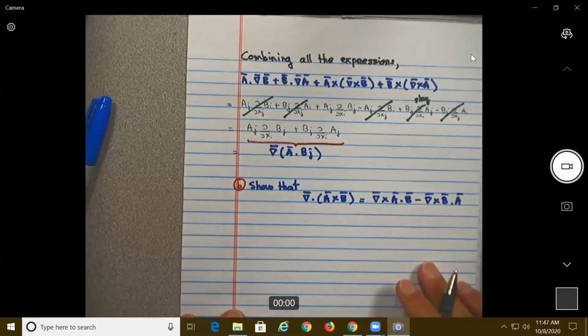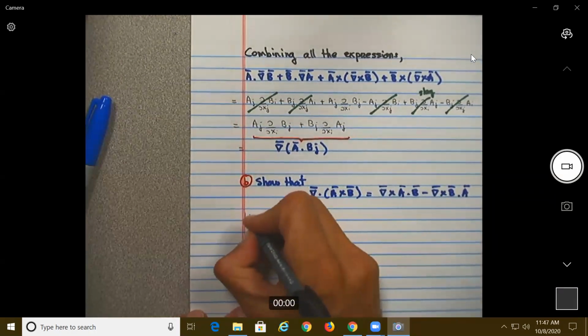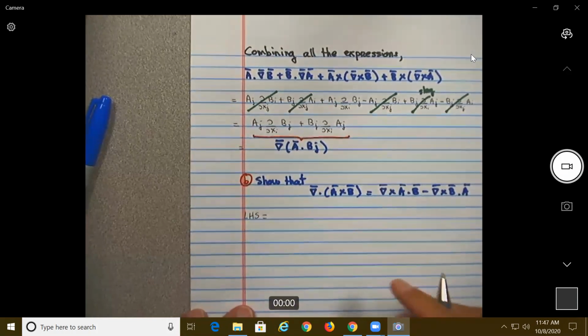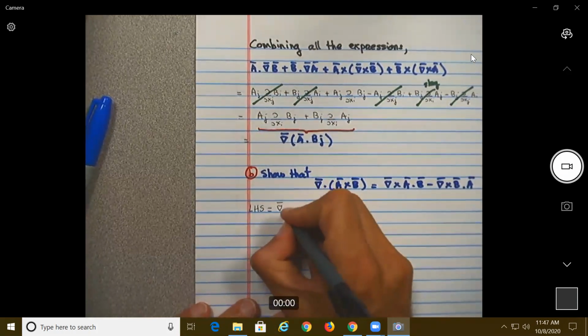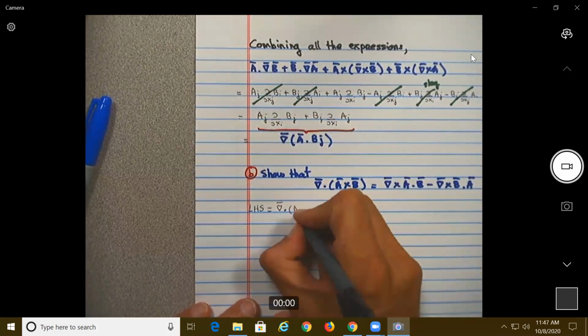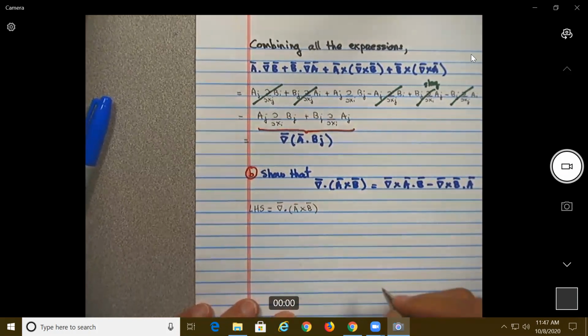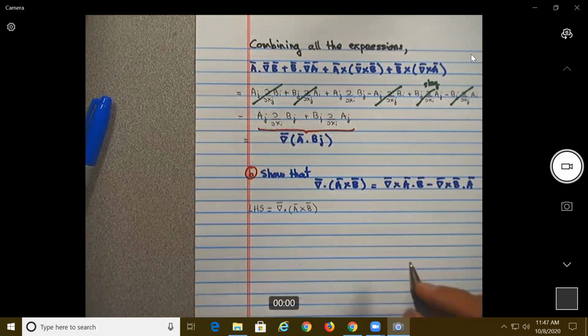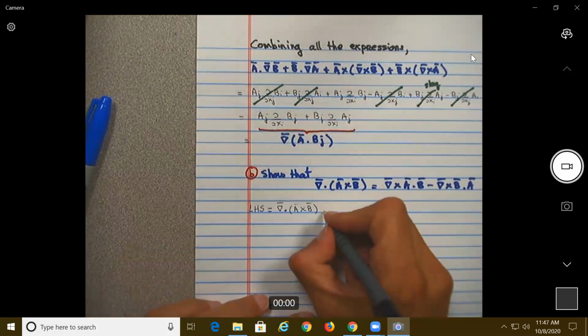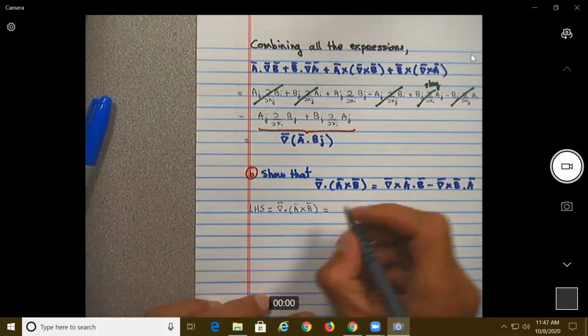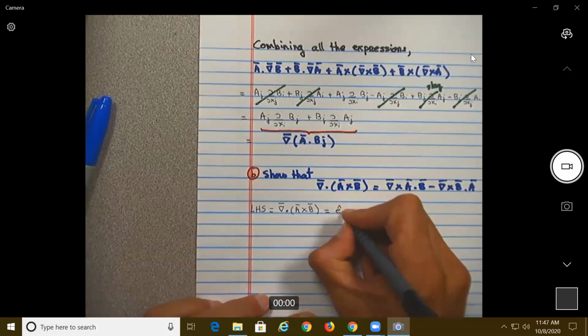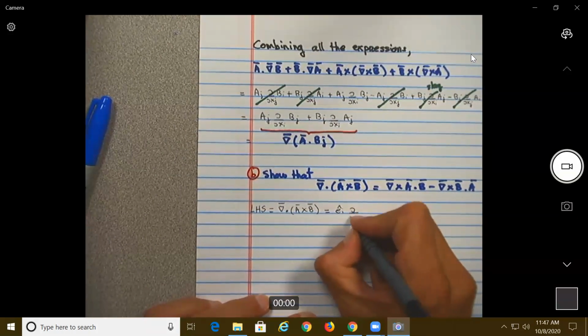Okay, so over here what I did is that I started with the left-hand side, which is del dot of A cross B. So this one I rewrite as being equal, let's see what notation I use on this one, e of i partial xi.